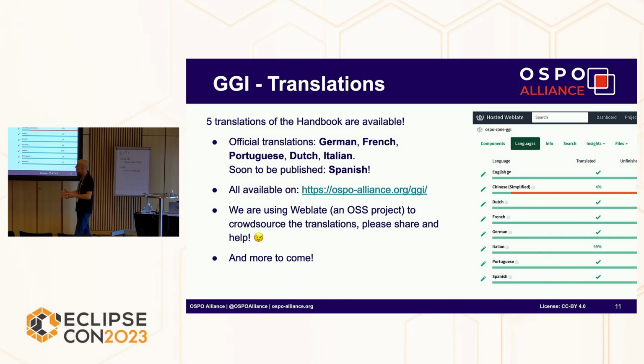We just put our files on Weblate, and suddenly there were people coming from the crowd, most of whom we didn't even know, who started translating that into many different languages, mostly European. So now we have official translations in German, French, Portuguese, Dutch, Italian. Soon we'll have the Spanish one. And they are all available on the website, of course.